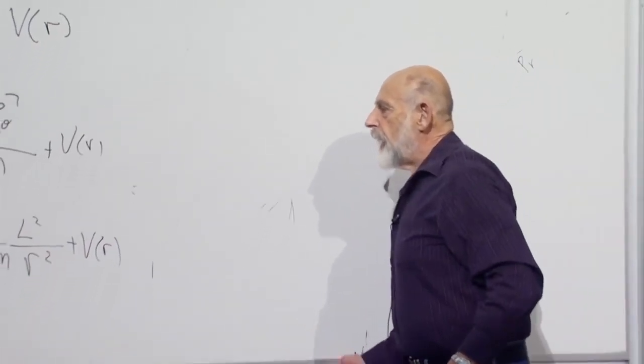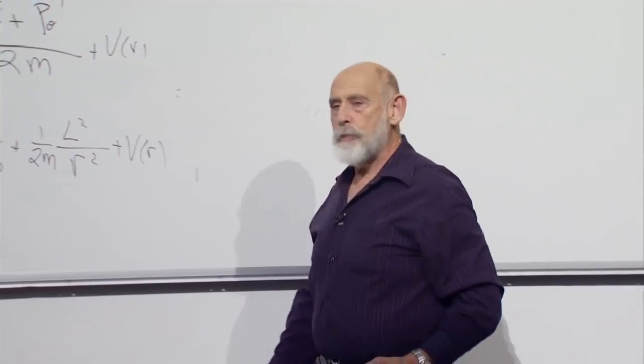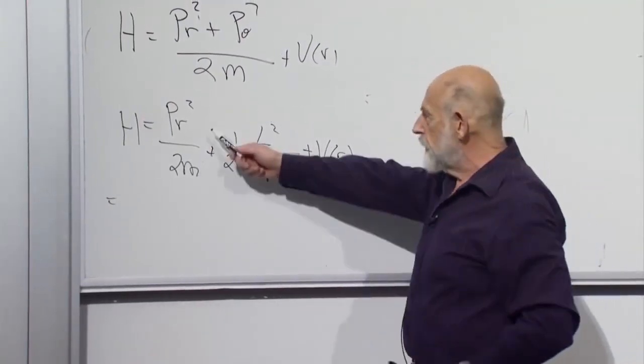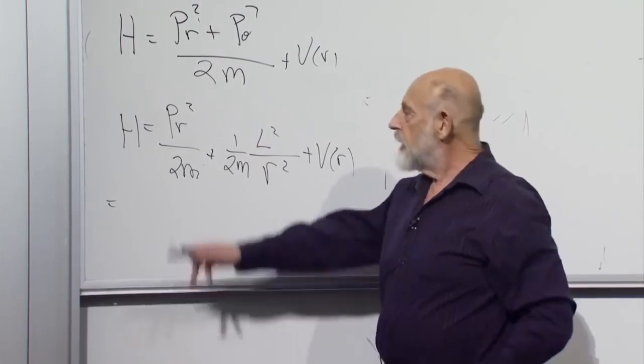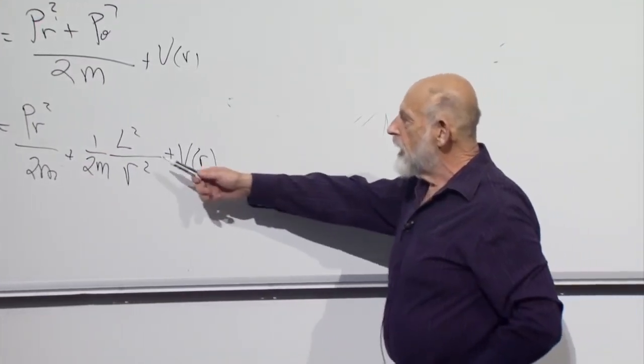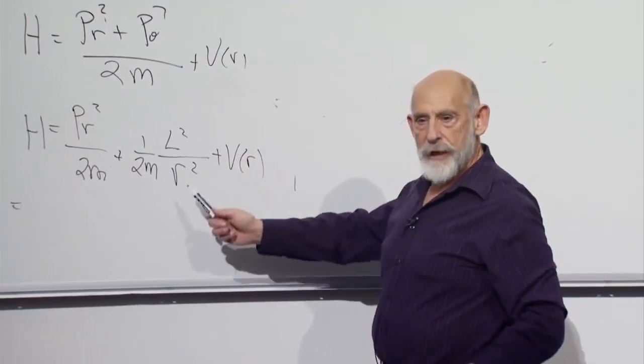Look at what we have. We have a problem which for all practical purposes could be thought of as a problem in one dimension, namely the radial direction, p r squared, plus a potential energy V of r, plus another term in the potential energy.